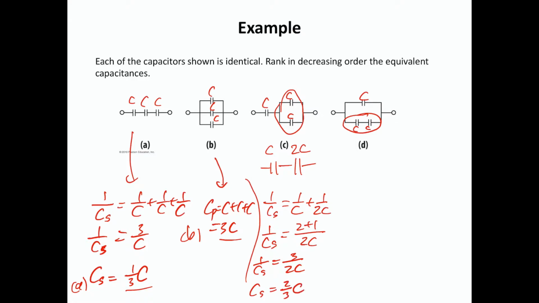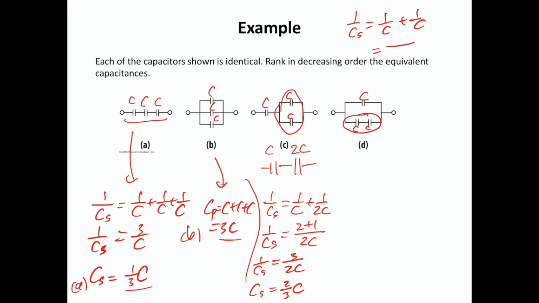Got it? Now how about this one? Again, you first find, now usually it's easy. If you have 2 capacitors of the same value connected in series, you just halve them. I can show you why. Series, C. Just like here, where you connected 3 in series, it's 1/3.